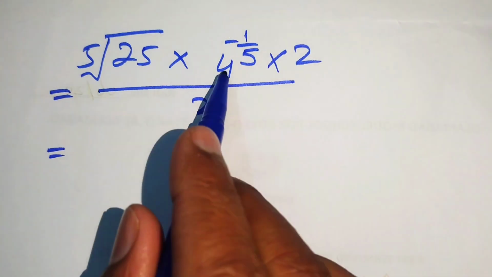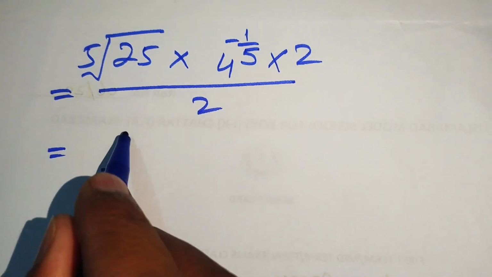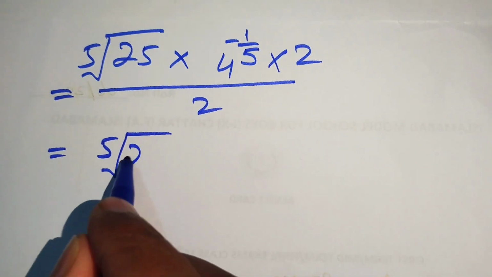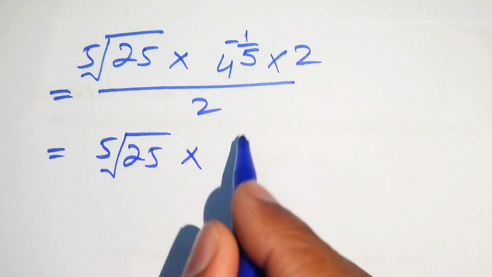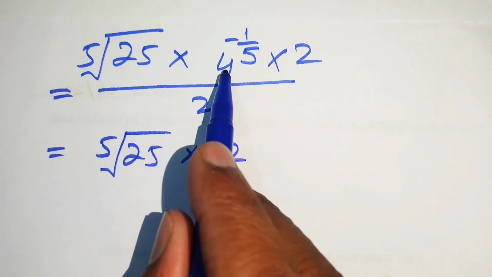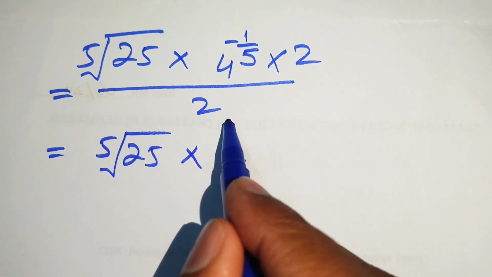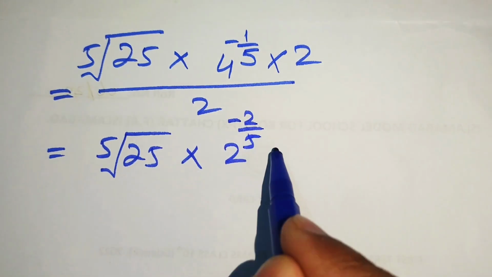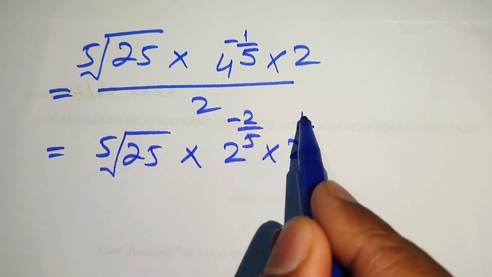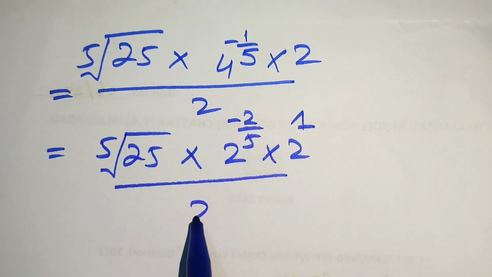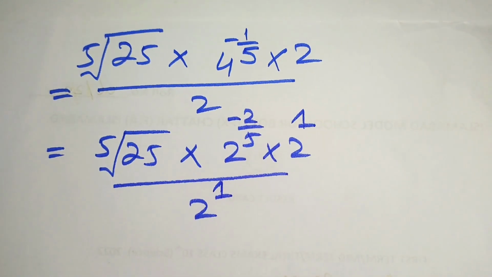So we write this 4 as 2 squared, and this square is multiplied by minus 1 over 5, and it will be written as 2 to the power of minus 2 over 5 multiplied by 2 to the power of 1, and it is divided by 2 to the power of 1.